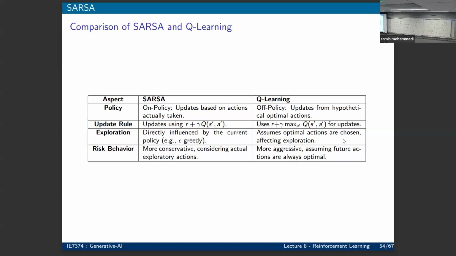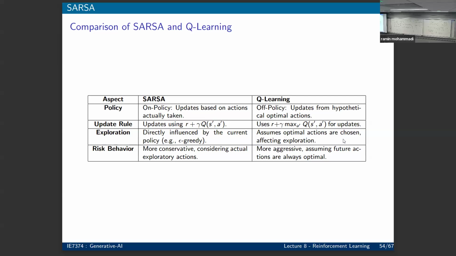It's kind of a hypothetical assumption. And for the update rule, basically you use this one. The only difference here is there is a maximum here. In SARSA, exploration comes from some epsilon greedy. In Q-learning, there's basically no exploration, because we always assume the optimal decision. So I always know I'm going to take the best actions.